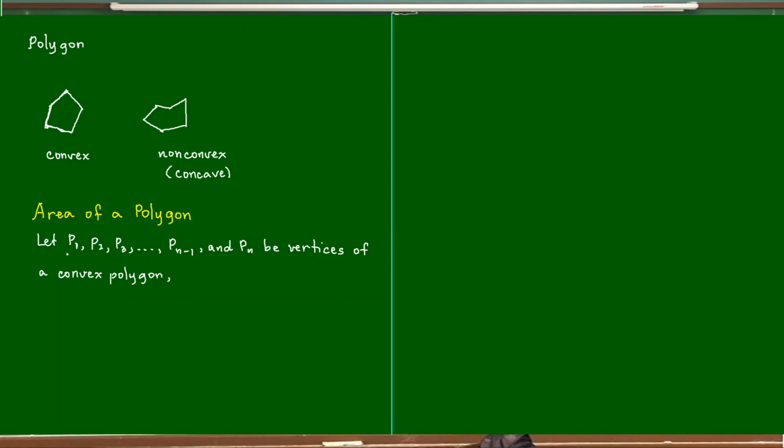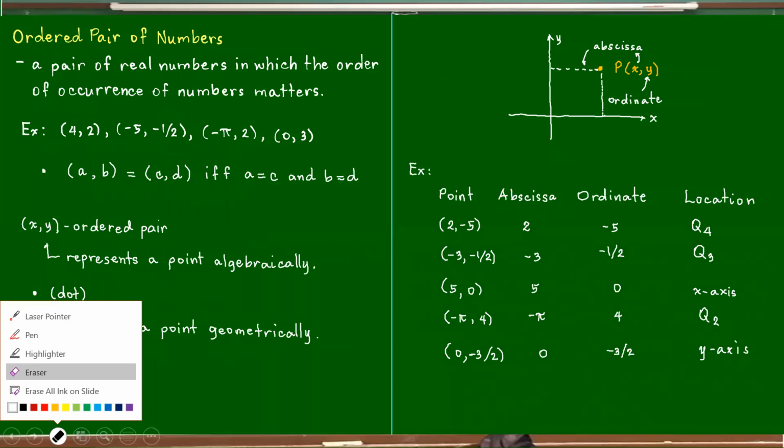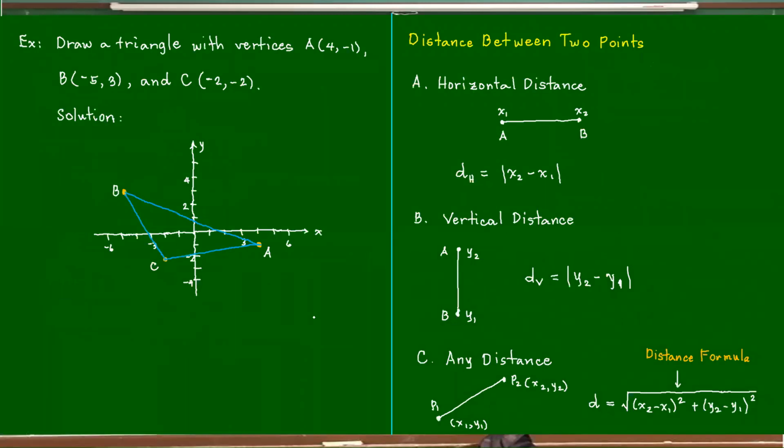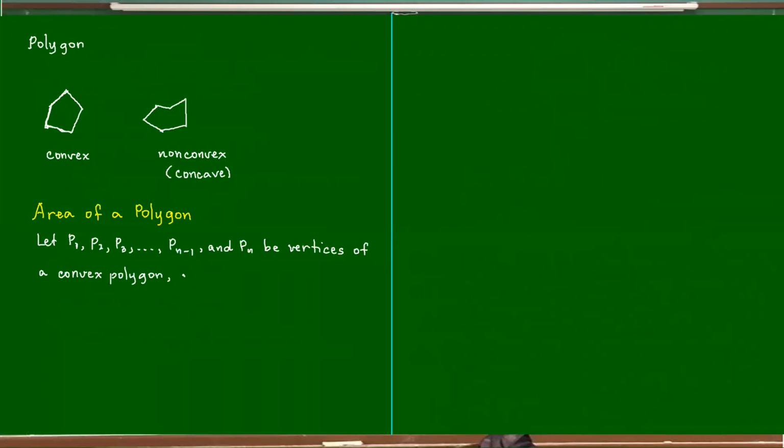So again, let P1, P2, P3, all the way to Pn be vertices of a convex polygon arranged in counterclockwise direction.